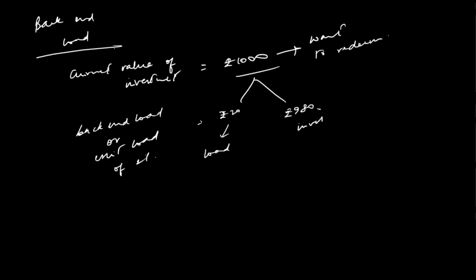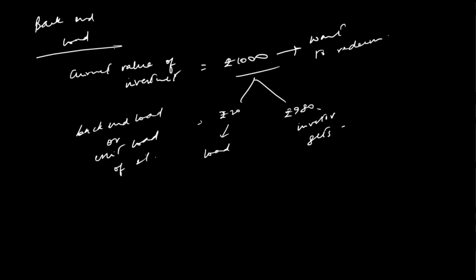So this is back end load. Load is charged to the investor during entry into and exit from the mutual fund scheme. If it is during entry, it is called front end load. If it is during exit, it is called back end load.